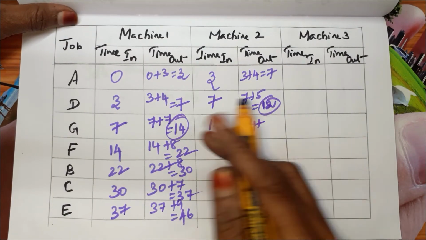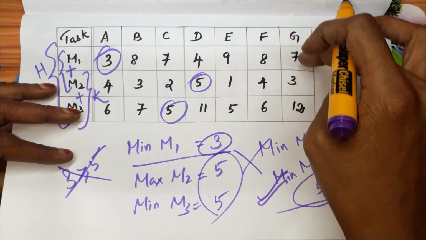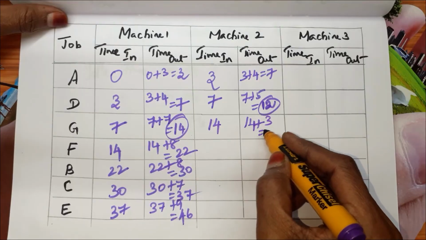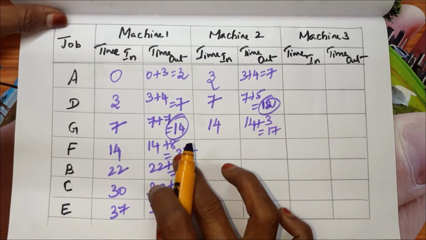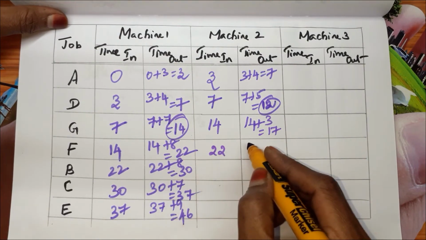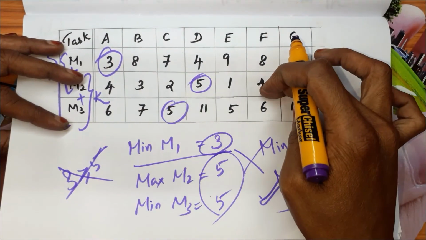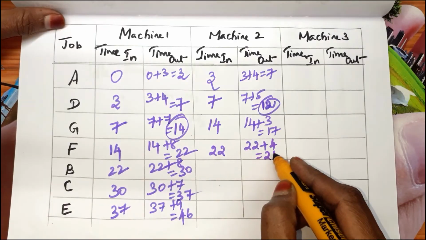So 14 plus, for G, it is 3. So 14 plus 3, it is 17. Compare these two values. This is maximum. So 22 plus for F, it is 26.